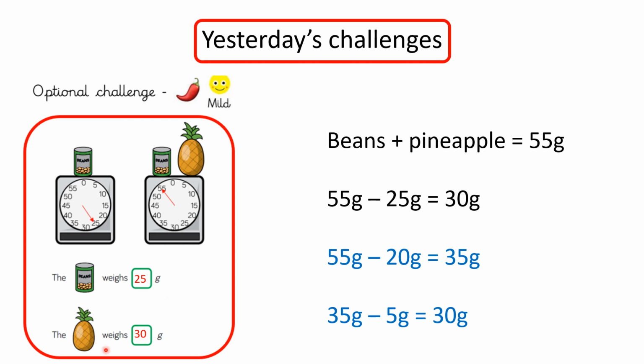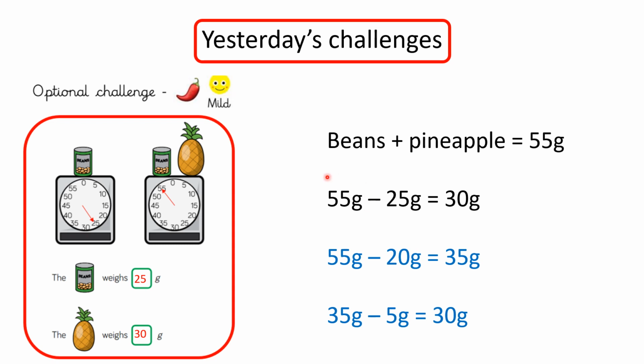The second part of the question, I'm being asked to find how much the pineapple weighs. So I need to look at this second picture here. Now together, the beans and the pineapple weigh, let's have a look at that pointer, 55 grams. So in total, they weigh 55 grams. Now, if I know that the beans weighs 25 grams, I need to subtract 25 from the total to find the answer.